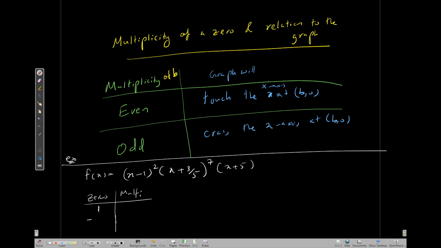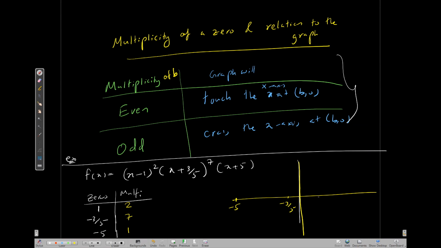Zeros are 1, negative 3 over 5, and negative 5, right? And multiplicities are 2, 7, and 1. Now what will happen? With the help of that table we know zeros at negative 5 somewhere here, let's say negative 5 comma 0, and negative 3/5 somewhere here, and 1 somewhere here.